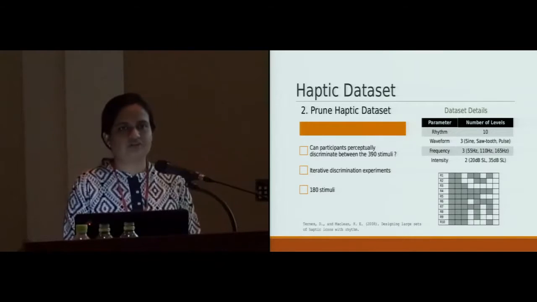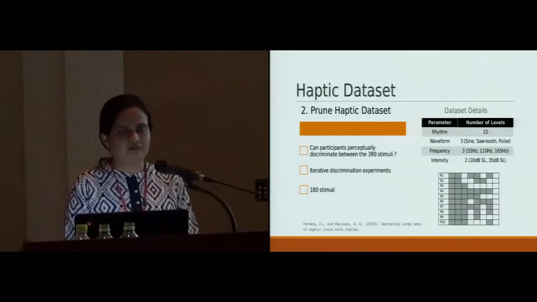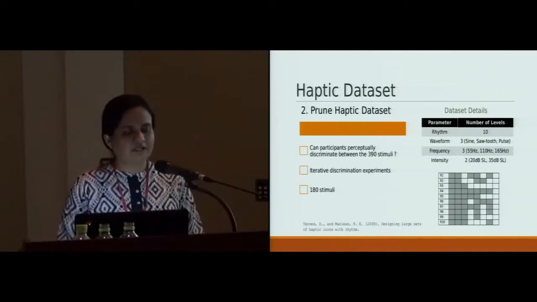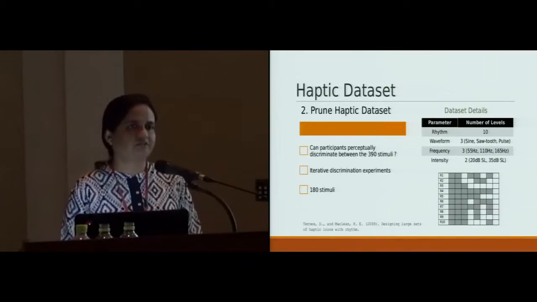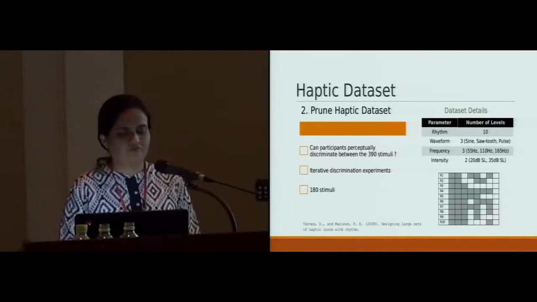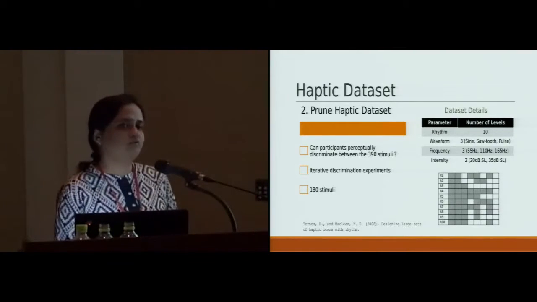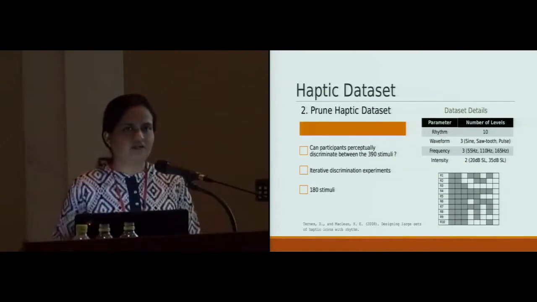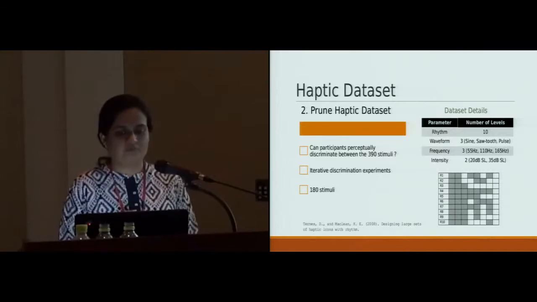If they were able to discriminate, fine. If they were not able to discriminate, then we tweaked the parameter values. So we increased the spacing. Like this, we conducted a set of iterative experiments, at the end of which we came to a data set of 180 stimuli. Again, the details of all the experiments are available in the paper.